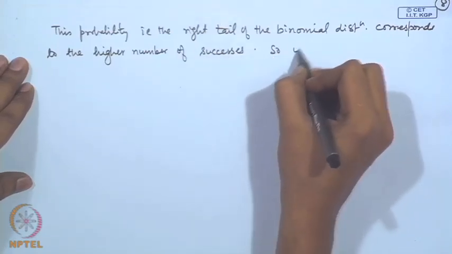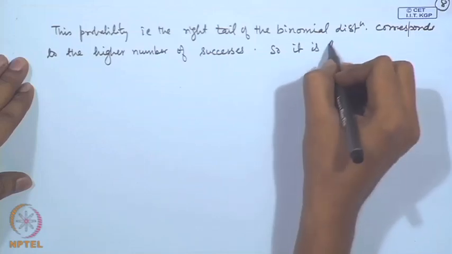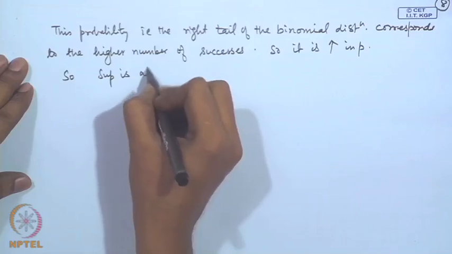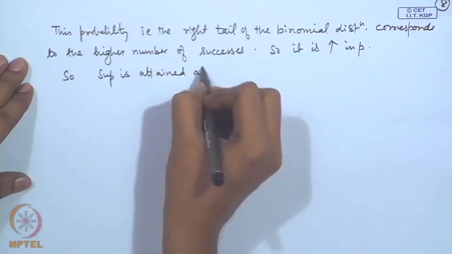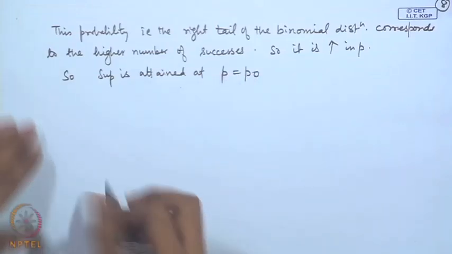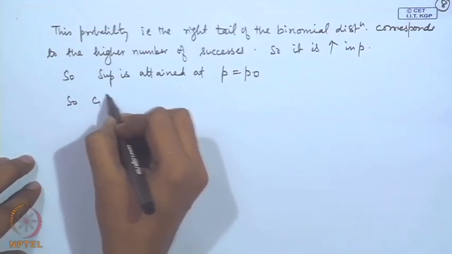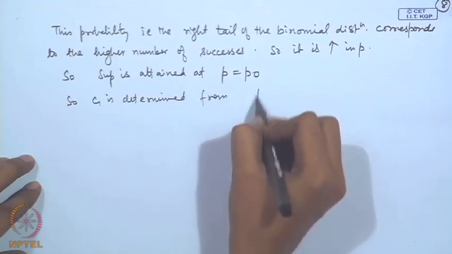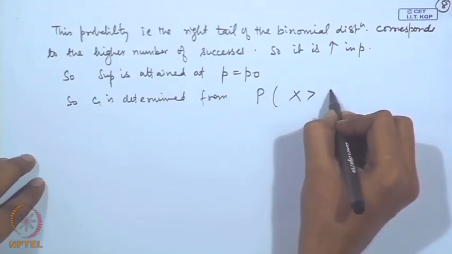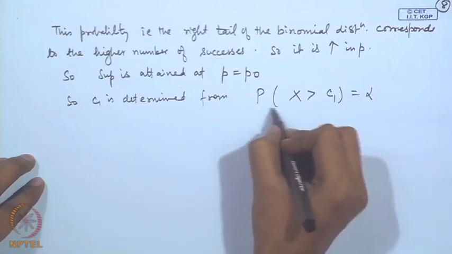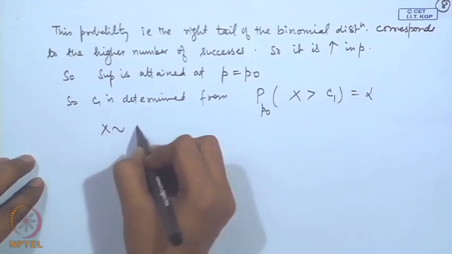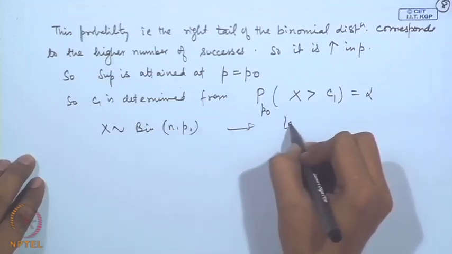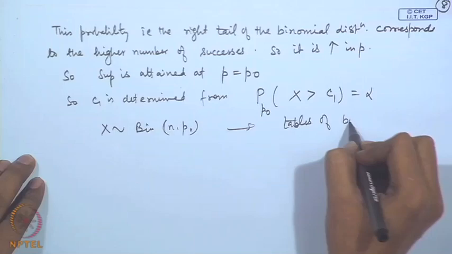So, it is increasing in p. So, supremum is attained at p equal to p naught. So, C 1 is determined from probability x greater than C 1 equal to alpha for p equal to p naught, where x follows binomial n, p naught. That means you have to see the tables of binomial probabilities.